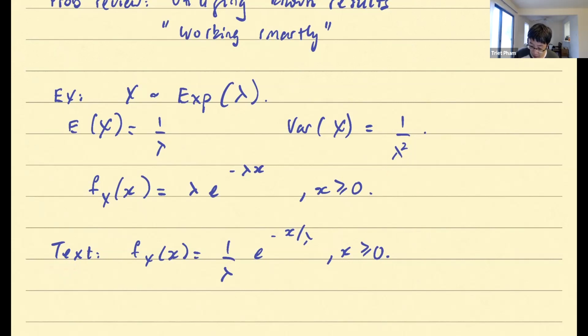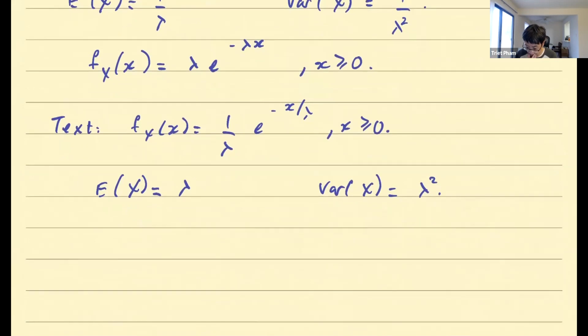But anyway, if we go with this version, then what should the expectation be? Then expectation should be lambda, and the variance should be lambda squared. So just be aware of that small annoying fact about the exponential.